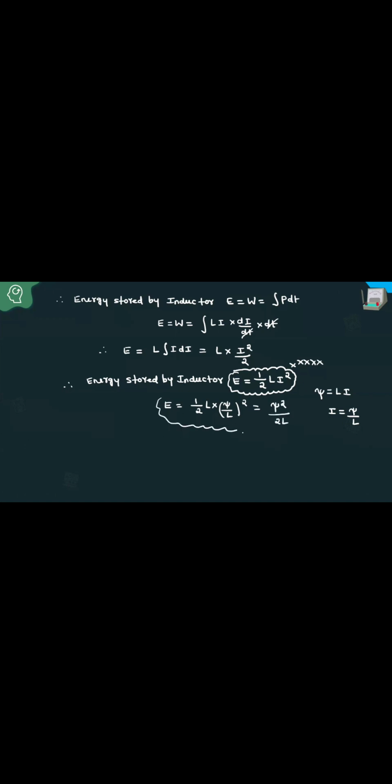That is one more formula for the energy stored by the inductor. Psi square by L square, one L cancels, and we get psi square by 2L.